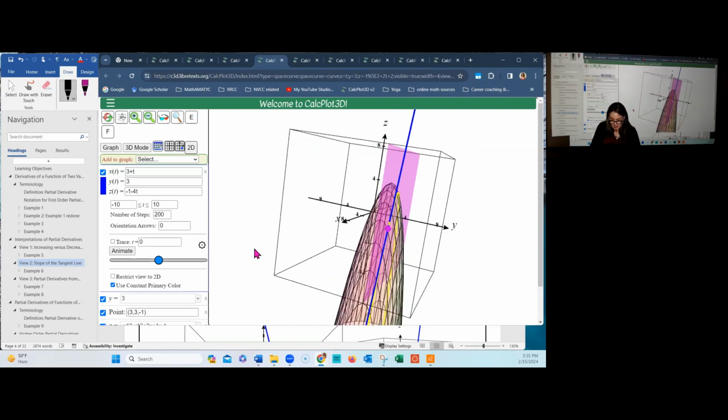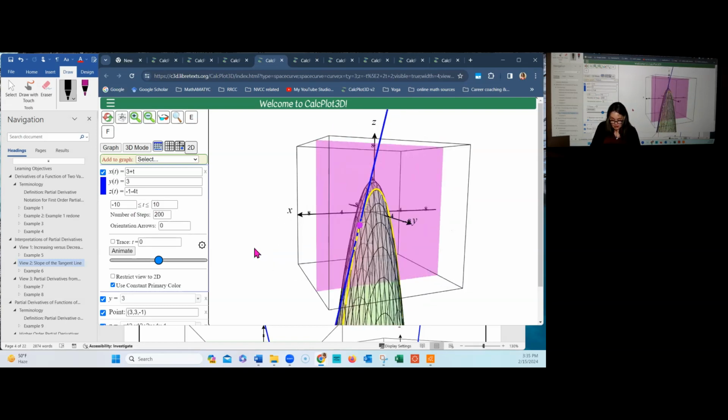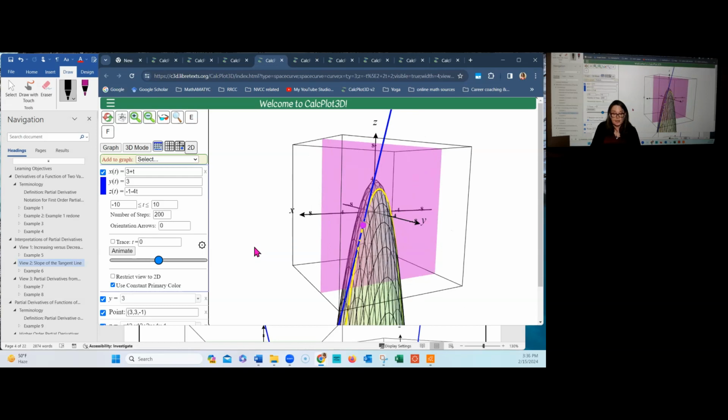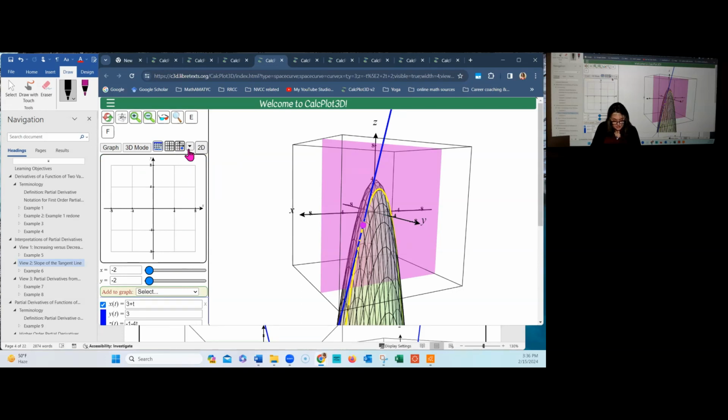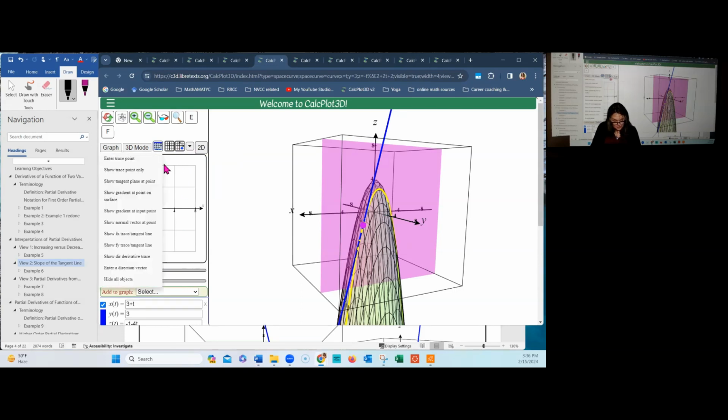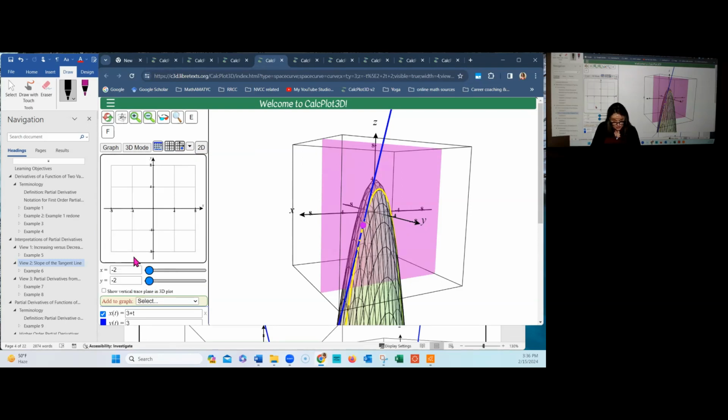This would line up with what we would get on the trace with respect to x if we clicked on the 2D trace plane menu. That's the third one that looks like a graph, a 2-dimensional graph. And let's click on the downward opening menu, select Show FX Trace Tangent Line, and we chose, I believe, 3 and 3.